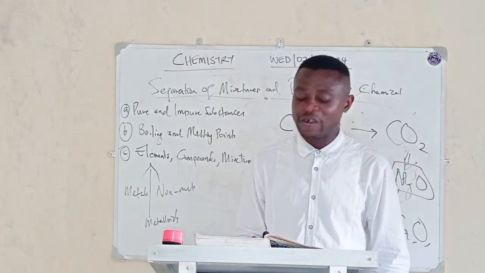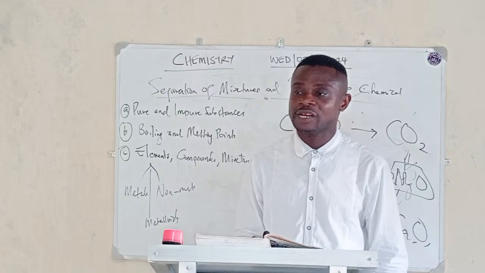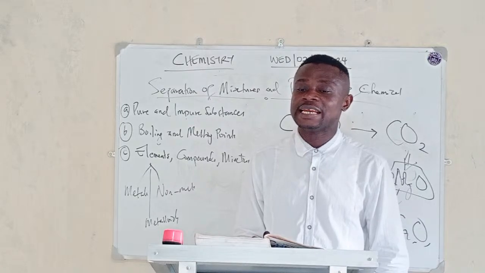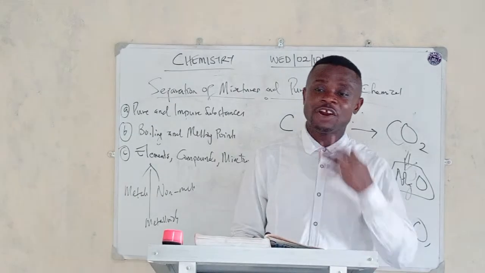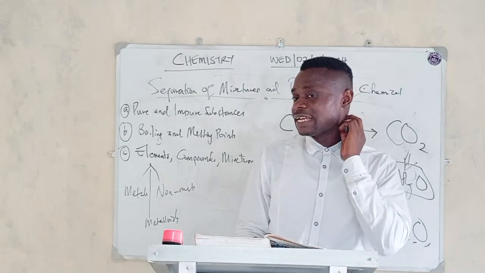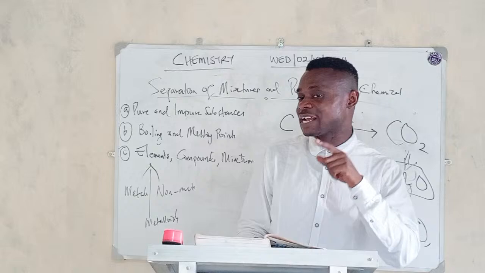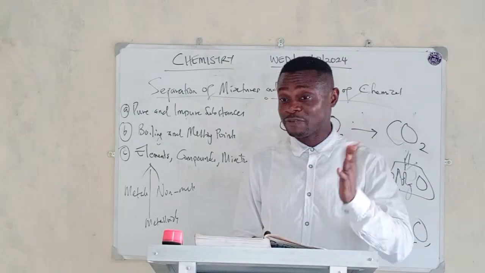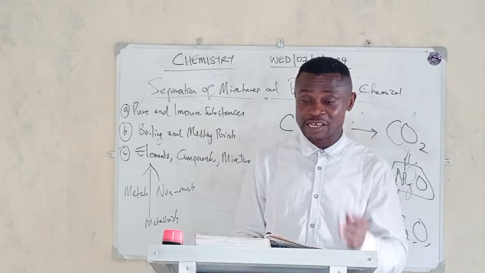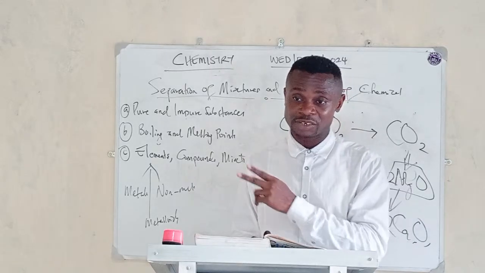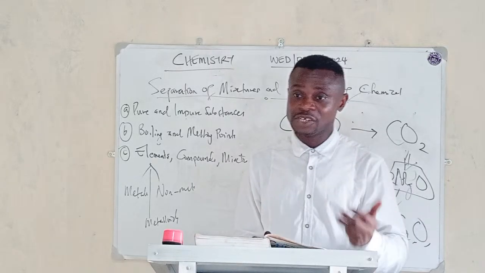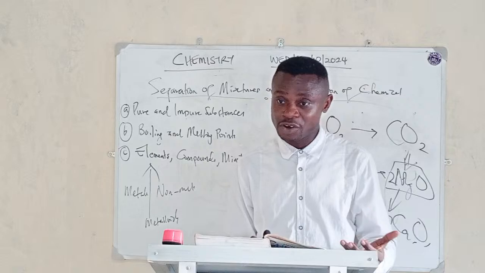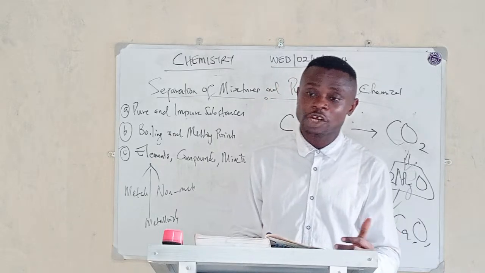If you go over to the topic of reduction and oxidation, reduction can be defined in different ways, and the same with oxidation. In terms of oxygen, oxidation is the addition of oxygen, and reduction is the loss of oxygen.